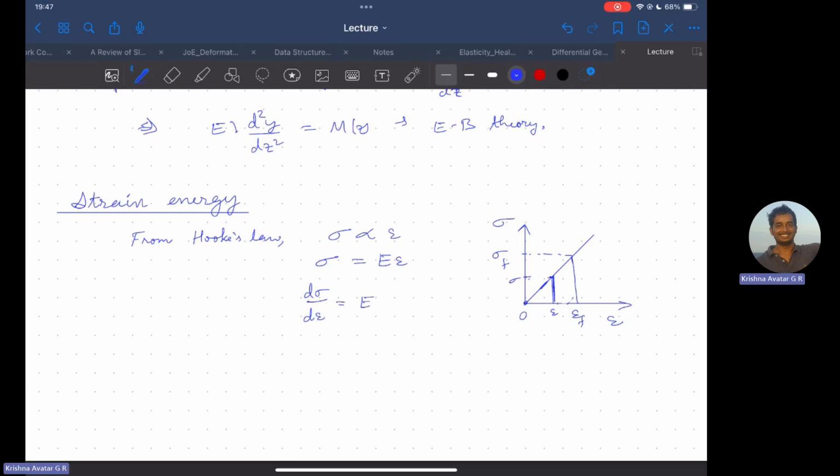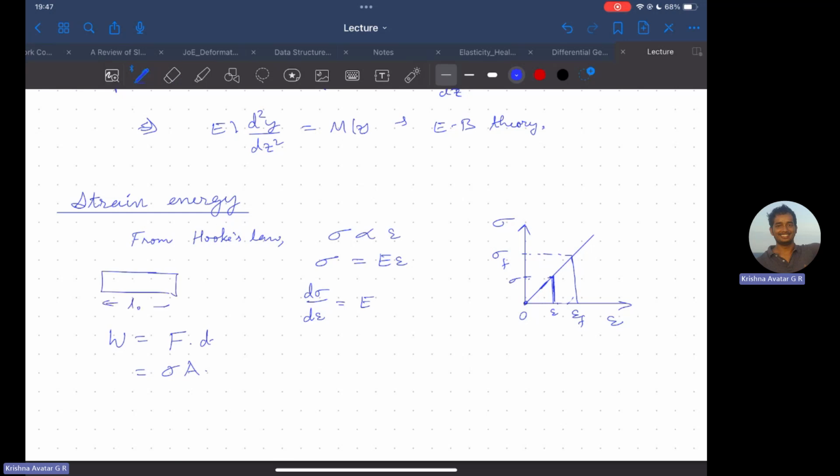I think it would be better to put this in terms of work, right? Of course, let's put it in terms of work here. So work done to do this is F into dx. And F, we recall, was sigma into A. And so I should call it dl, just to make the notation clear.